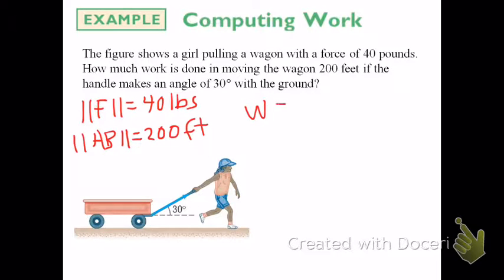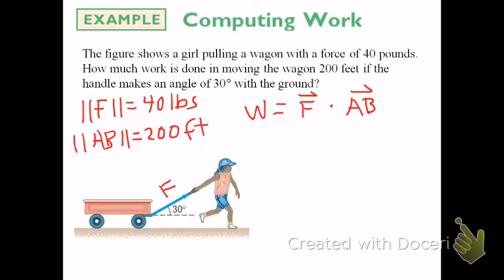And so I suggested that work could just be calculated by taking the dot product of two vectors, the force vector dotted with the distance vector. Okay, so how do we write the force vector when our force is along this handle, which is 30 degrees with respect to the ground?